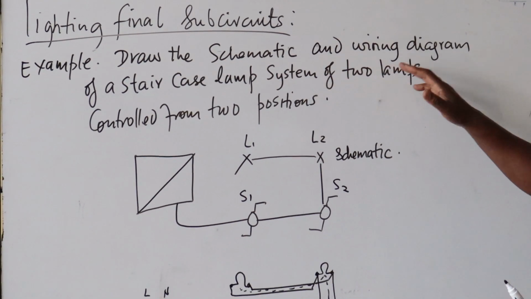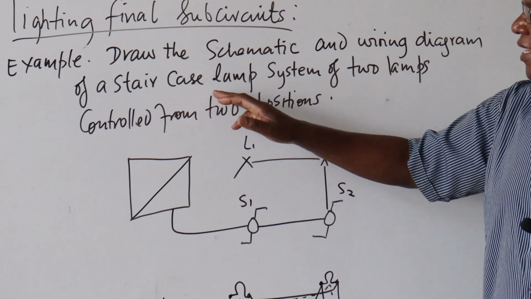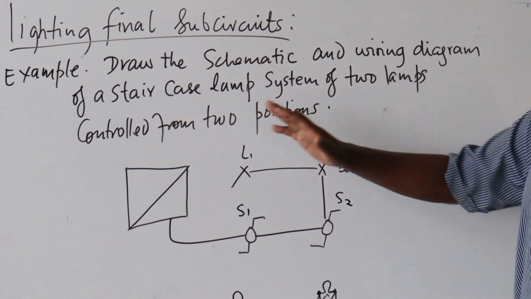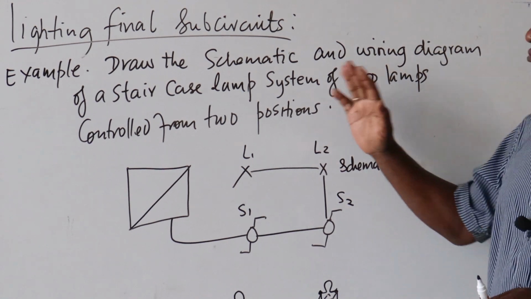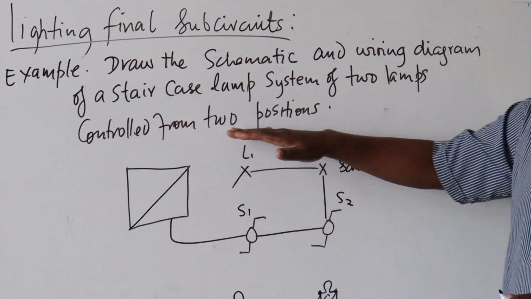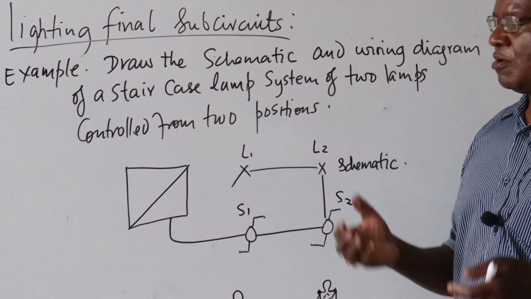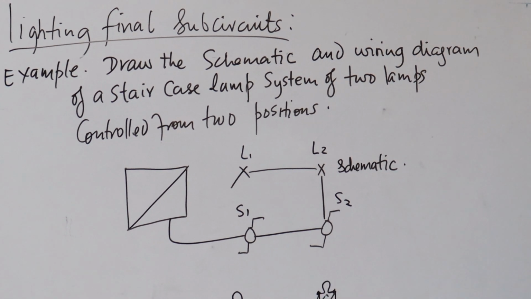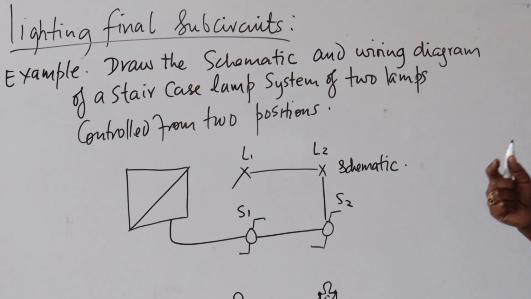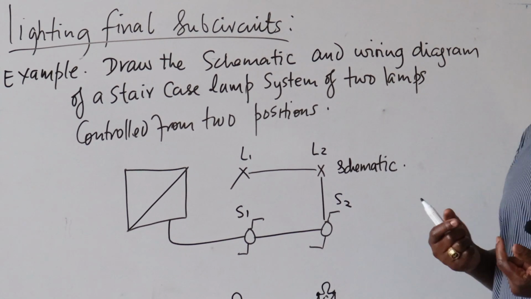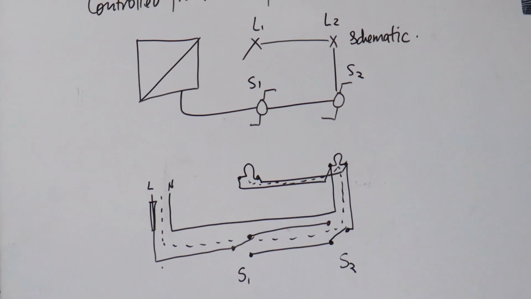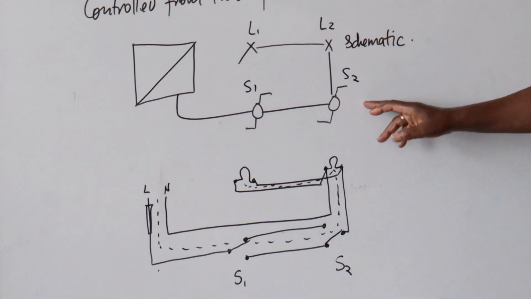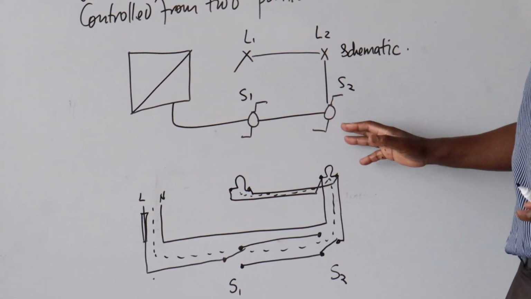Draw the schematic and wiring diagram of a staircase lamp system of 2 lamps controlled from 2 positions. Now we know if the lamps are to be controlled from 2 positions, we need 2-way switches, and 2 of them. In this case, with S1, you can switch the lights on when you're going up the stairs. When you reach the top, you can switch them off, and vice versa.